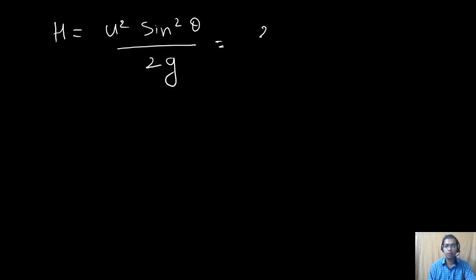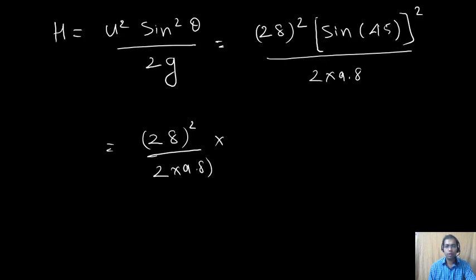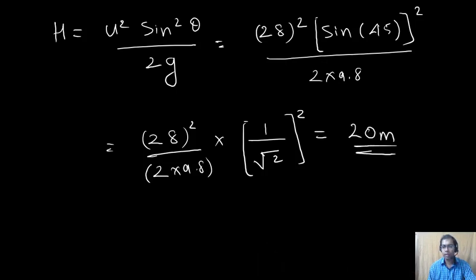Now we've calculated u to be 28, so 28 square into sine 45 square by 2 into 9.8, which we can write as 28 square by 2 into 9.8 into 1 by root 2, since sine 45 is 1 by root 2, the whole square. So this will give us a height of 20 meters.